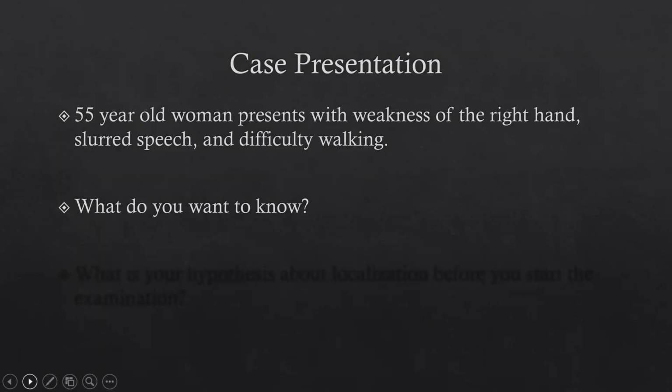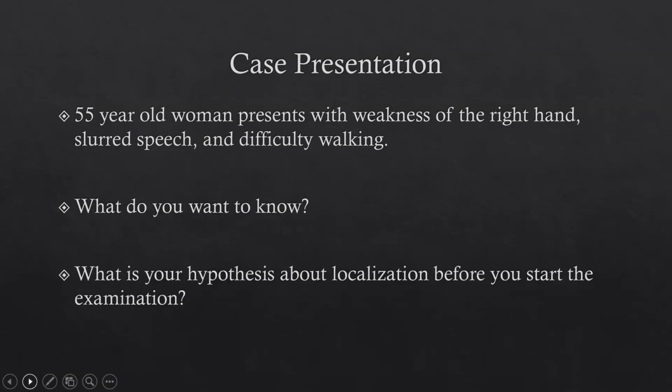And then after you've looked at your HPI, you want to review your systems, and then look at your past medical history, surgical history, drug history, family history, and social history to build a case towards localization and potential differential diagnosis.